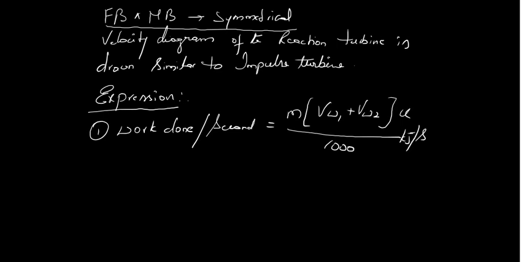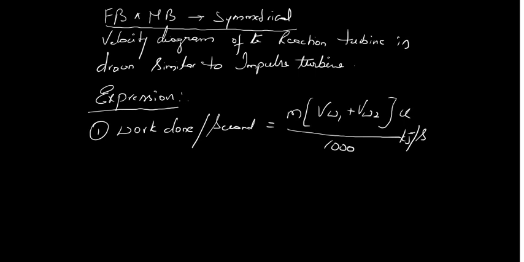Is it the same relation that you have for the impulse turbine? Yes, you have the same expression. Work done per second equals m multiplied by (VW1 plus VW2) multiplied by U divided by 1000.